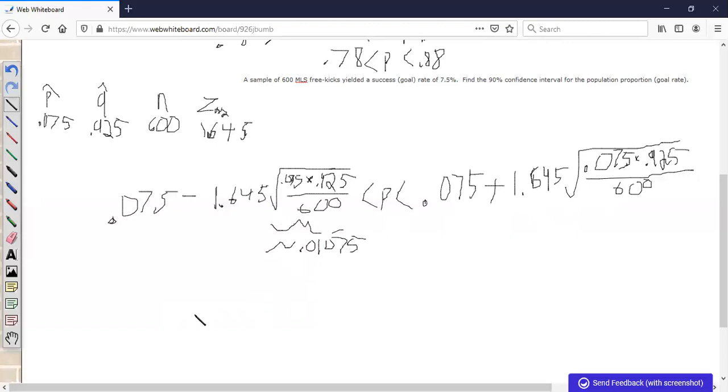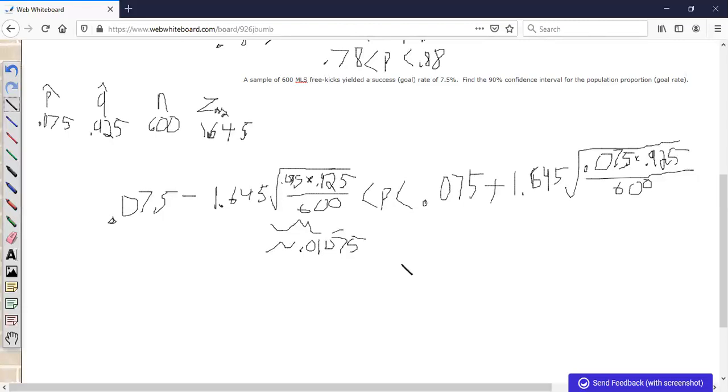Again, you could just calculate this all out in one string. It'll make it even more accurate than what I've done here, but either works. If you're off by a thousandth, I'm not going to care in any particular way. Anyway, 1.645 times 0.01075 will give you 0.018, I believe. I'm going to double check that right now.